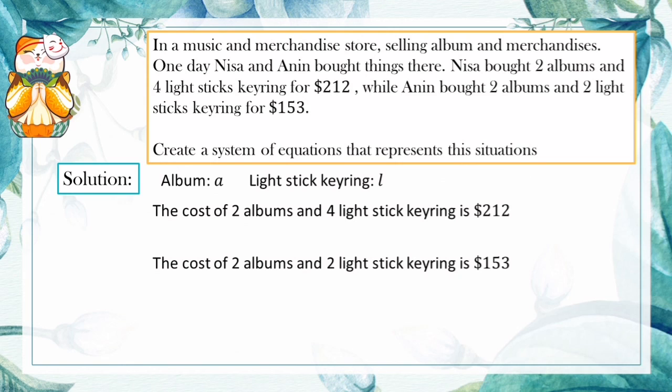This first statement says that 2 times the cost of an album, or 2 albums, plus 4 times the cost of a light sticker is going to be equal to 212.